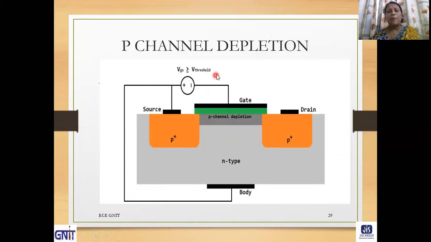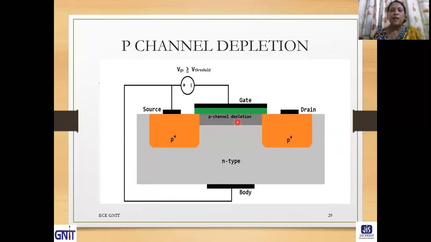But when we apply a negative voltage here, positive charge will be induced here, following the principle of a parallel plate capacitor. As the P channel already exists, and due to the negative gate voltage positive charges are induced, it is enhancing the current flow.